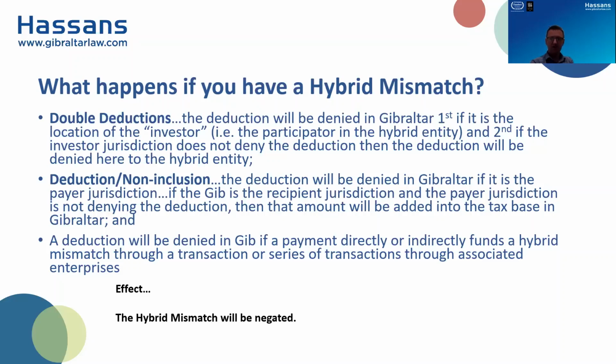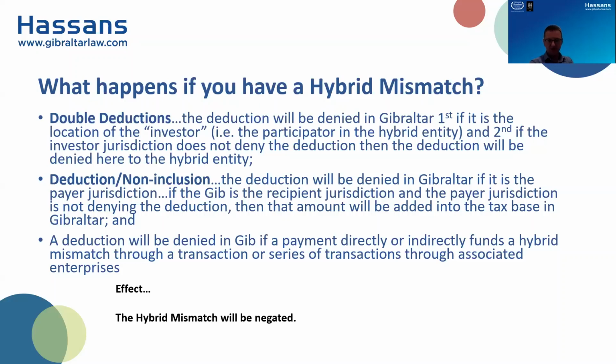So you can see that's the primary and secondary. So primarily, if the investor is based in Gibraltar, i.e. the participator, then the deduction will be denied. And if the investor jurisdiction does not deny it, then the deduction will be denied here to the hybrid entity.